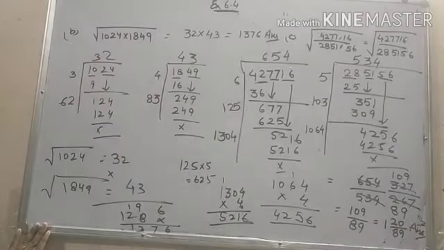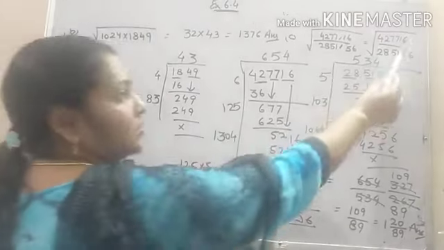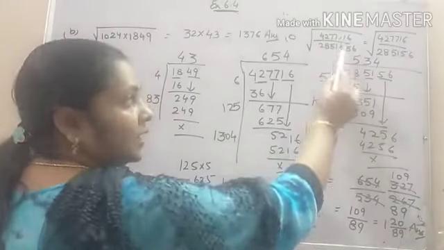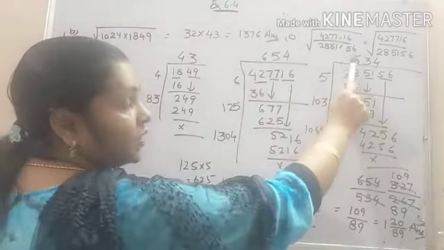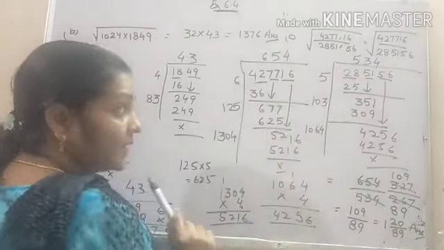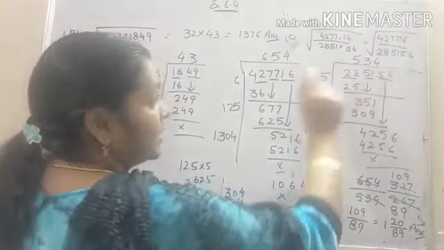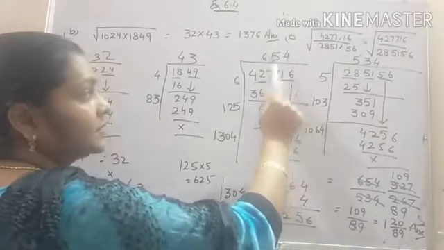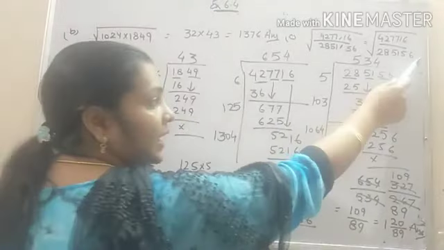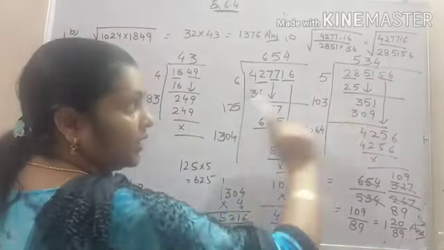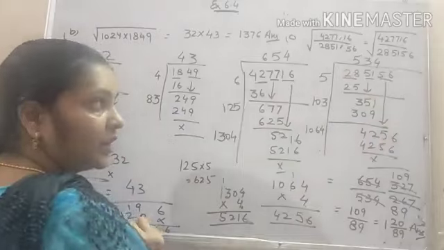Is that clear? So once again I am repeating. First of all, we cancel the decimal sign because the number of digits after the decimal are same. After that I found the root of this number, which is equal to 654. Secondly, I find the root of the denominator, which comes out to be 534.